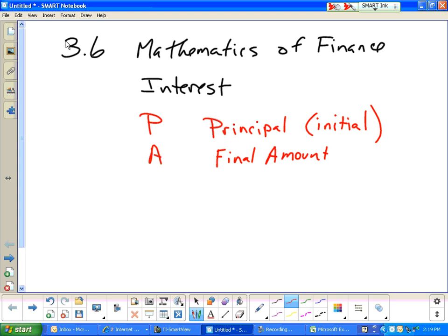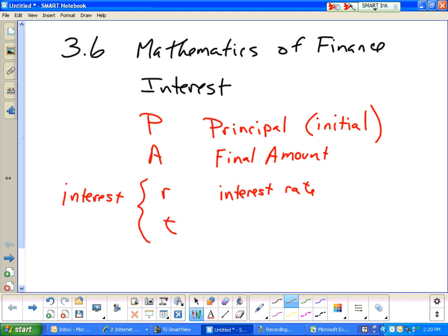And of course, the interest is actually composed of 2 items. So 2 items kind of come together to form the interest amount, and that is R, the interest rate, usually given as a percentage, like you earn 5% interest on your investments, or in this day and age, more like 1 or 2%. And if you've got a loan, you pay it out, and if it's a credit card loan, it's through the roof.